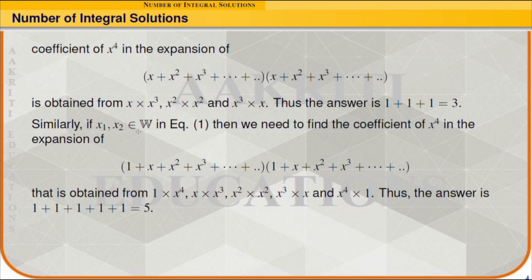Similarly, if x1 and x2 belong to the category of whole numbers, then we need to find the coefficient of x raised to the power 4 in the expansion of this. Here we have changed the expansion a little.